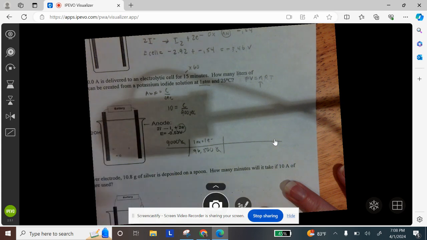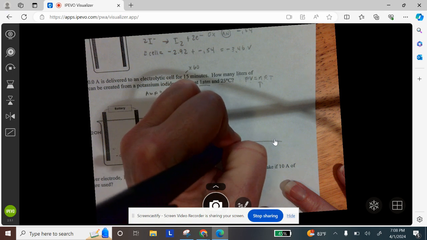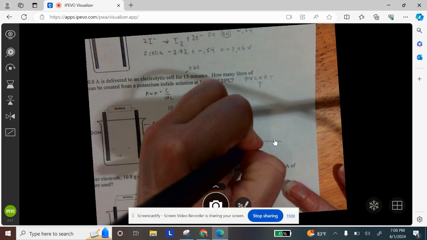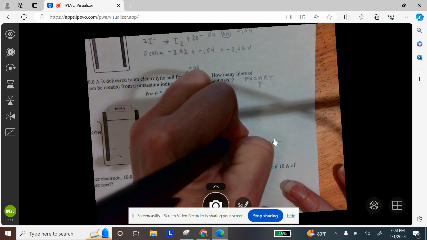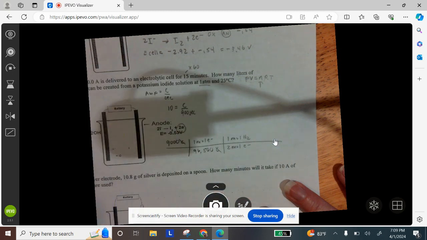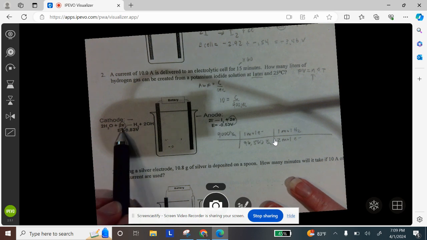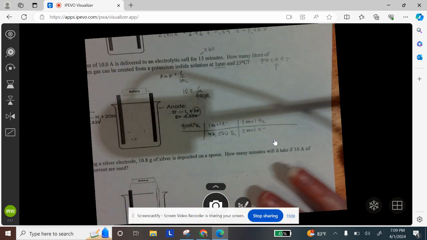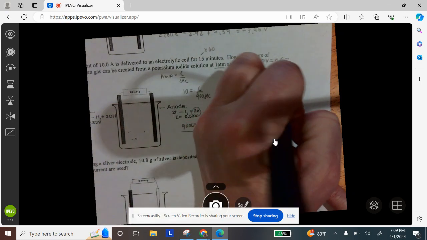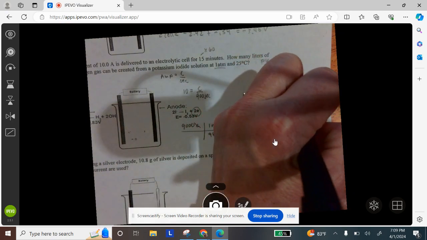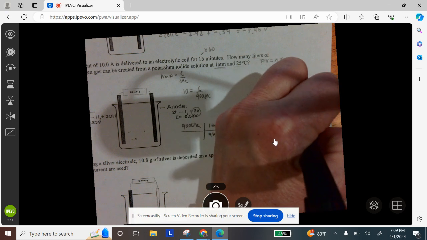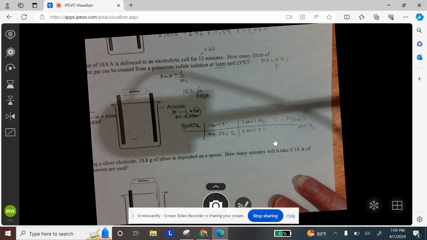So I have 2 moles of electrons for every 1 mole of hydrogen. So I need to include that. So when I calculate that, I get 0.04663 moles of H2. So that's fine, but the question didn't want moles, it wants liters.